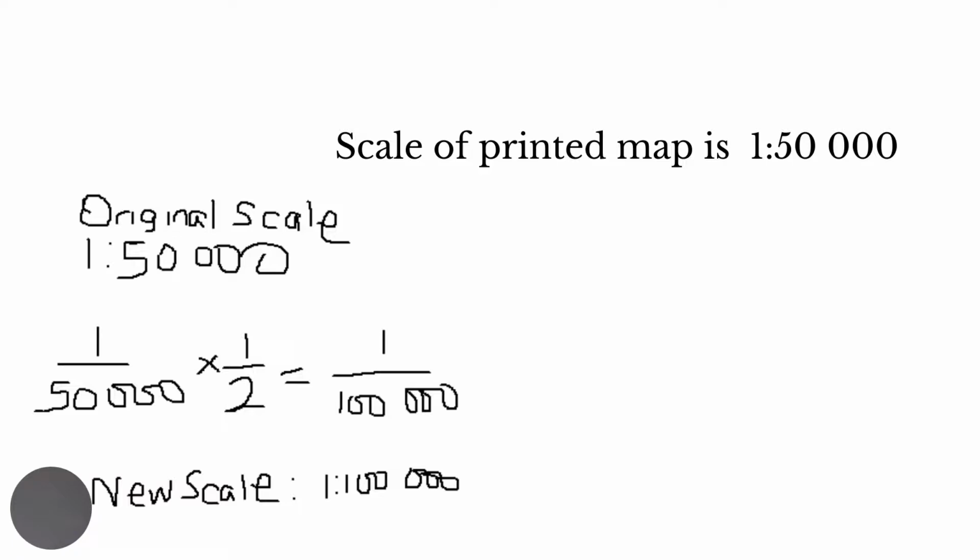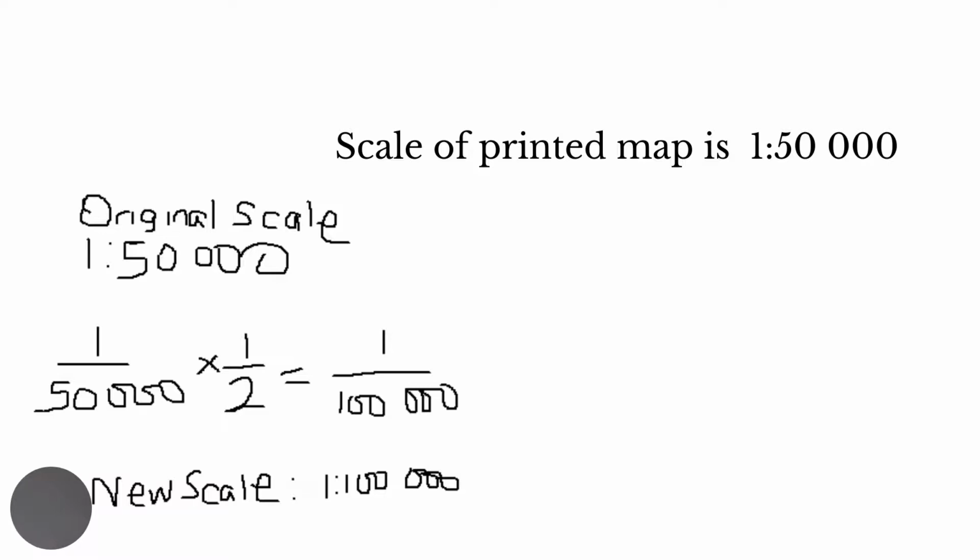Now, since the sketch map is drawn half the size of the original map, we need to make sure that the scale is reflecting this. And therefore, we will have to carry out a short calculation. Remember that the scale for the original map is 1 to 50,000.